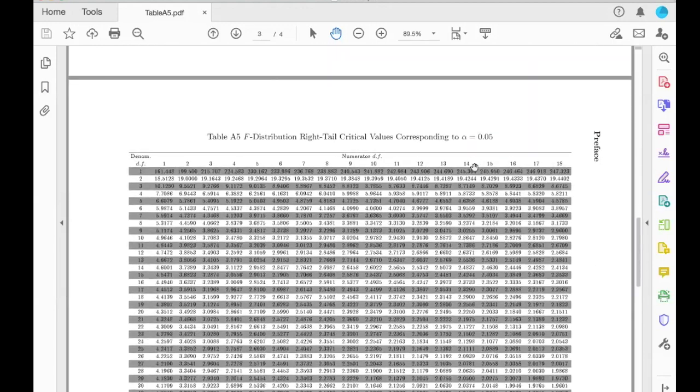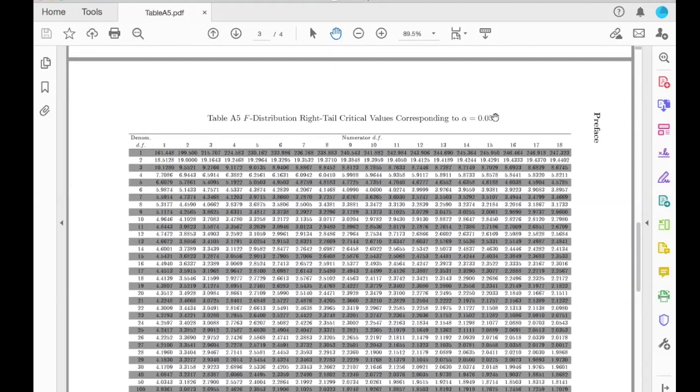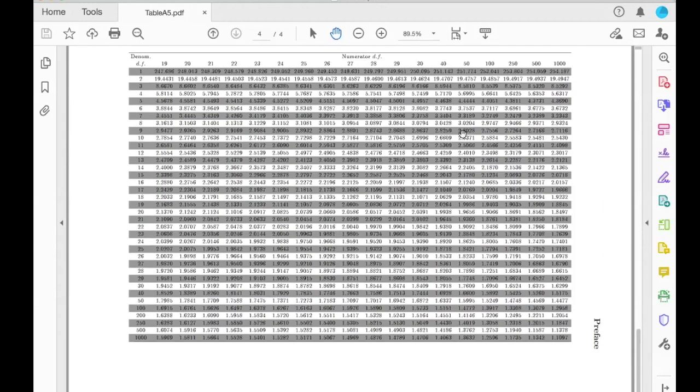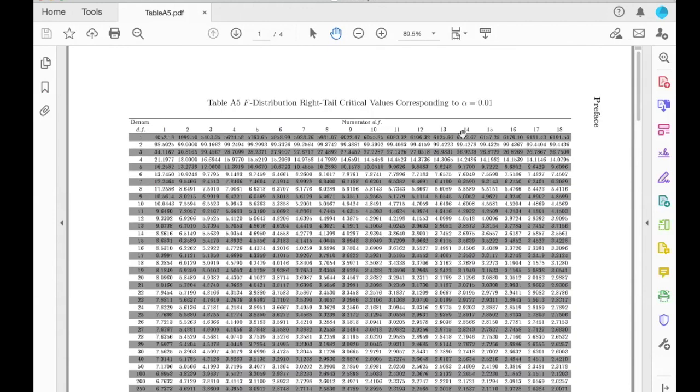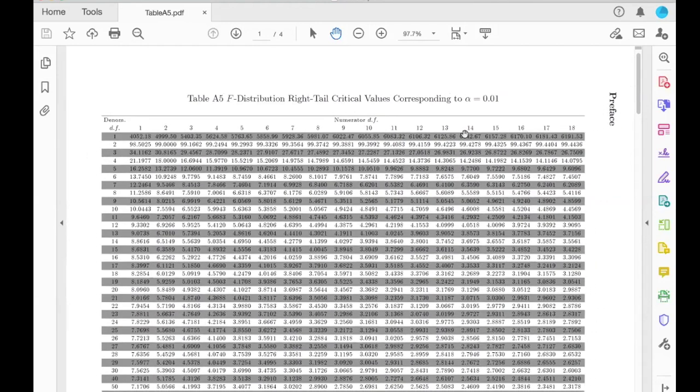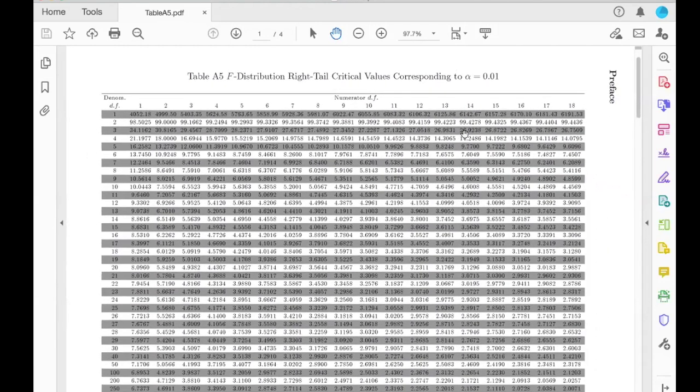Next page, 0.05 alpha. Next page, 0.05 alpha. Those are the only alphas you're allowed to use with these tables. Distributions are getting complicated, so the tables get limited as to what they can provide.